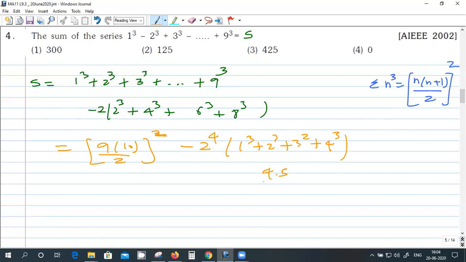4 into 5 divided by 2, whole square. So this is 100. This is 45 square. Okay, 45 square is how much? 2025.